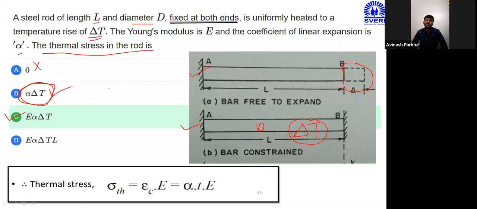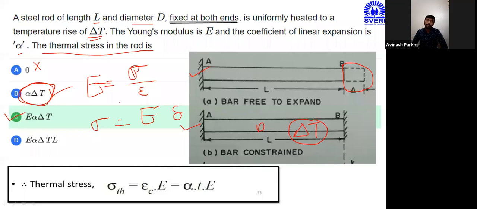Therefore, option C is correct, because we know that capital E is equal to stress upon strain. If I have to calculate the stress, stress is equal to capital E into epsilon.